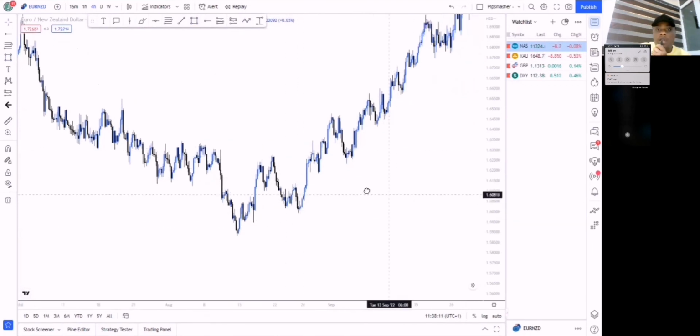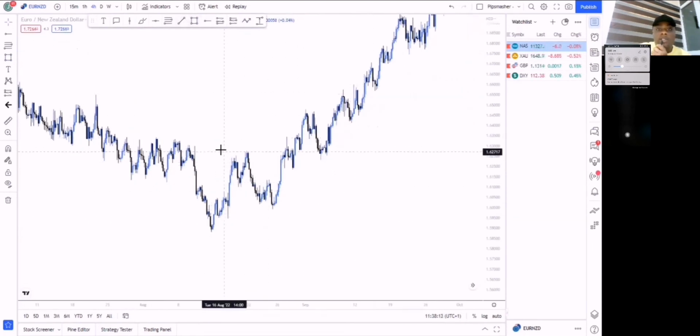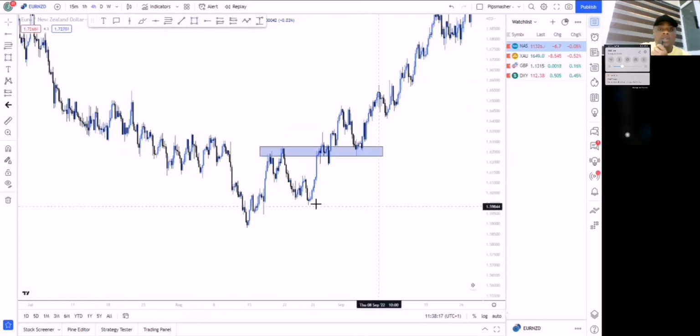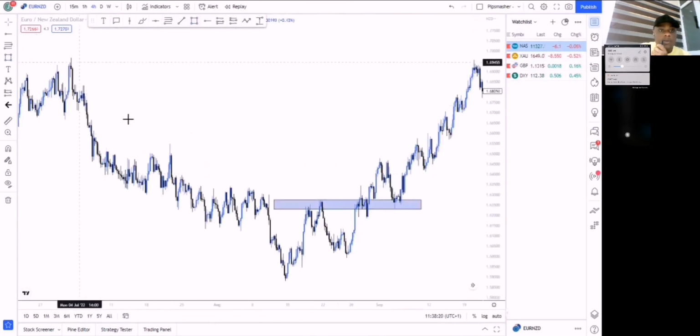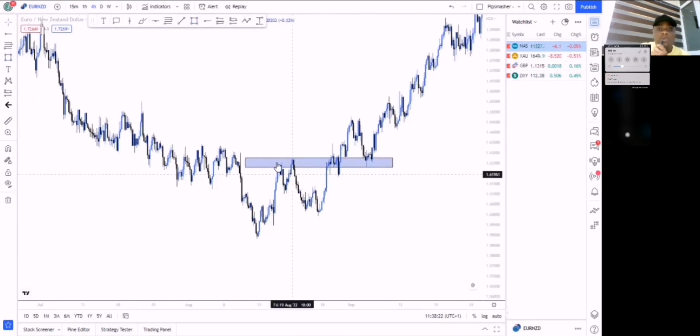But observe something. At the end of the day, this became the high that the market should not break in this downtrend. This whole movement to the downside becomes the high that the market should not break. So observe how the market came halfway, couldn't take out these lows here, then eventually broke out above that high that the market should not break.